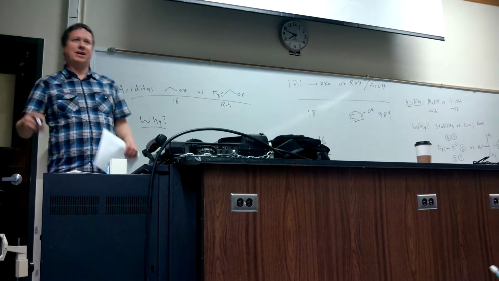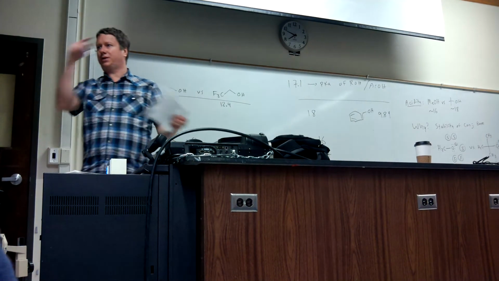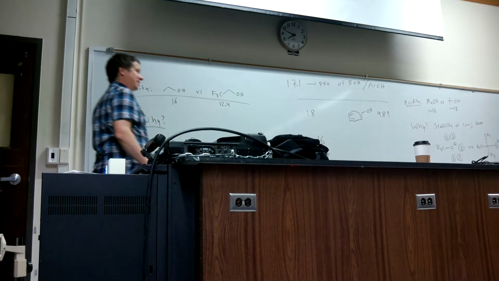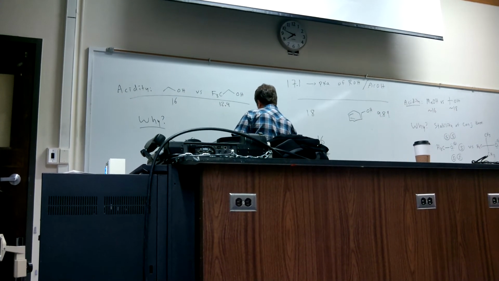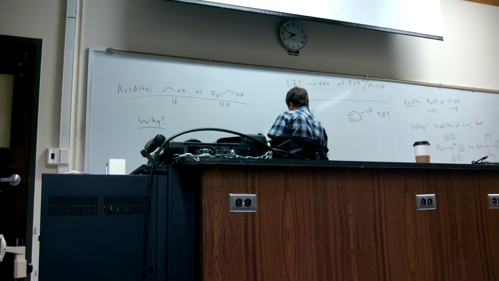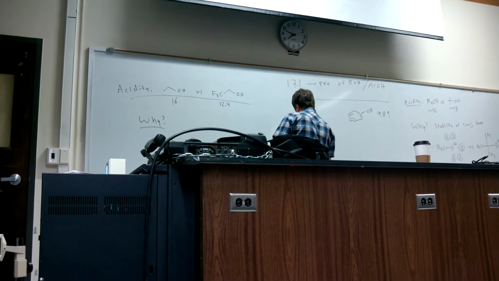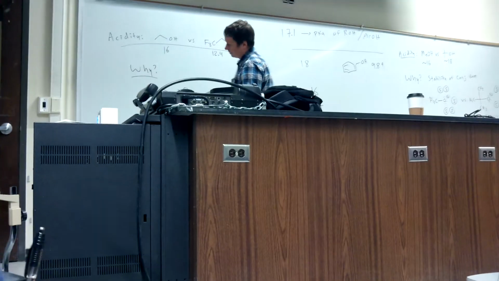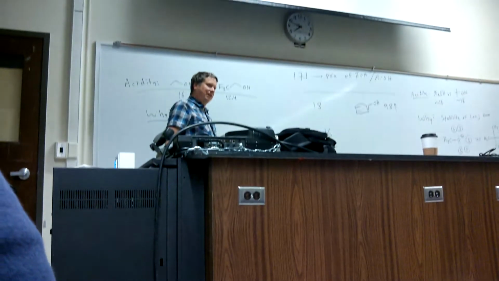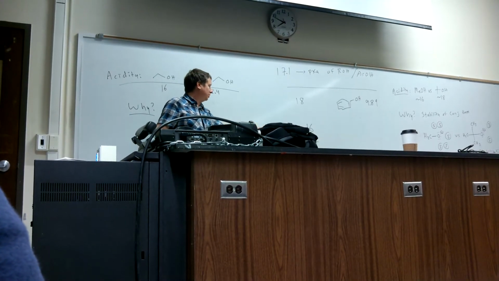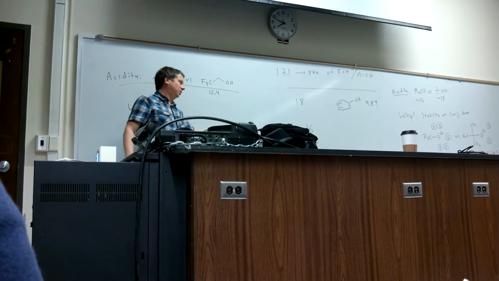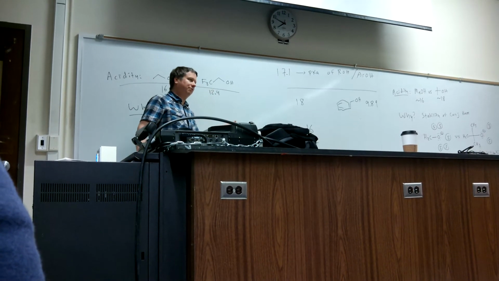The fluorines kind of withdraw the electron density through the molecule, through the sigma bonding. So in this molecule, the conjugate base has inductive stabilization in which case the electrons are transmitted through the molecule towards the fluorines.